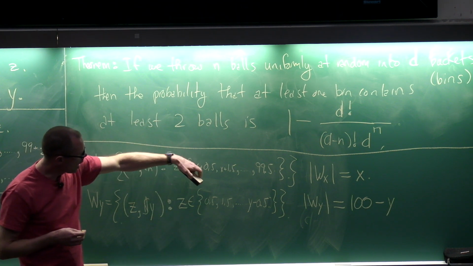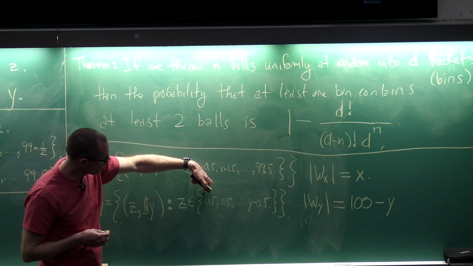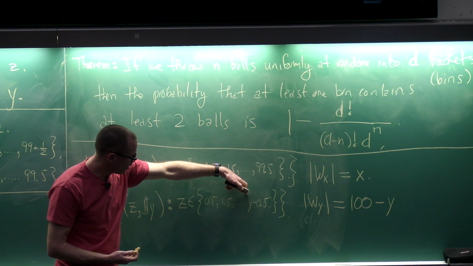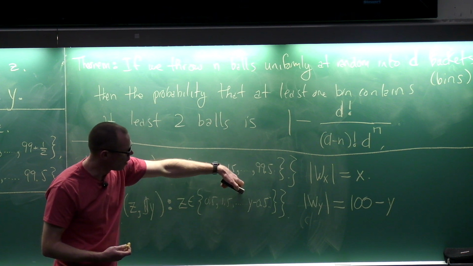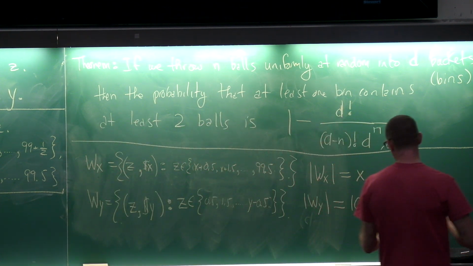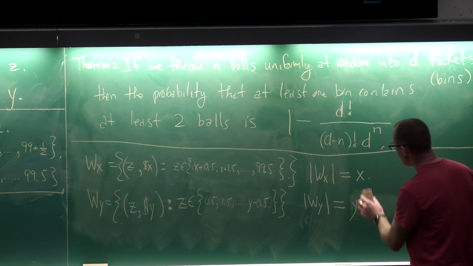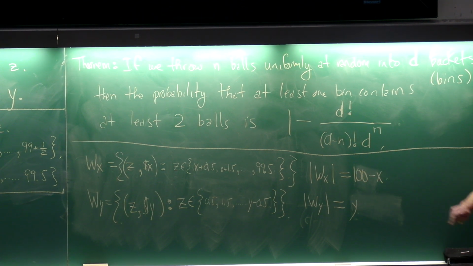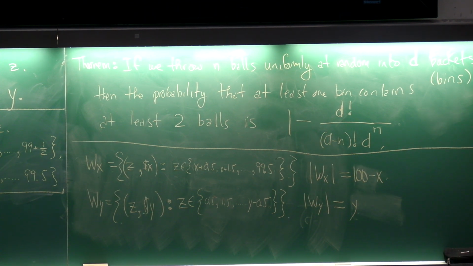This is counting up to y minus 1, starting from 0. So there are exactly y of these things. And for this one, there are exactly 100 minus x of these things. There are this many choices for z that are bigger than the value x. Okay.